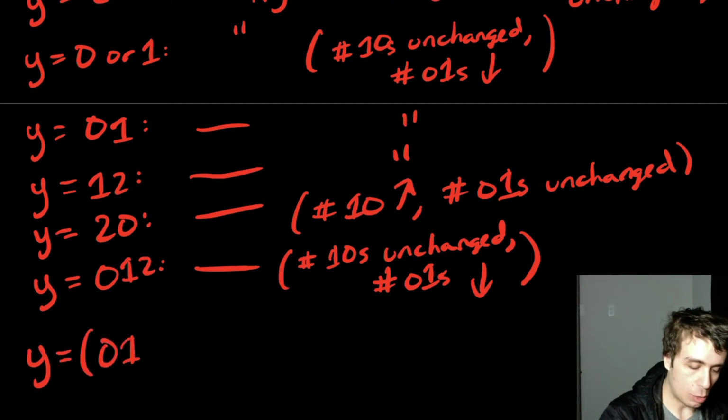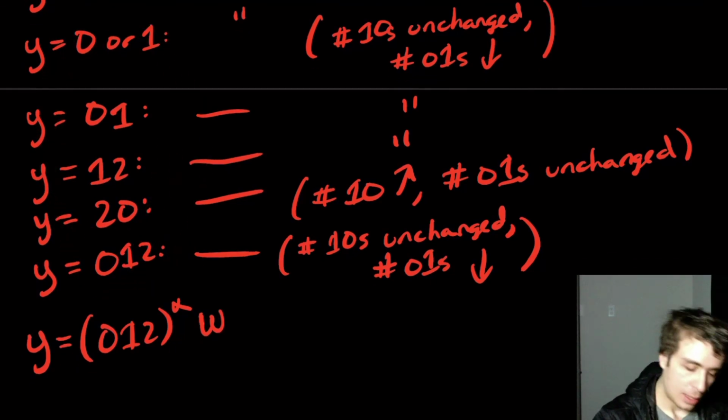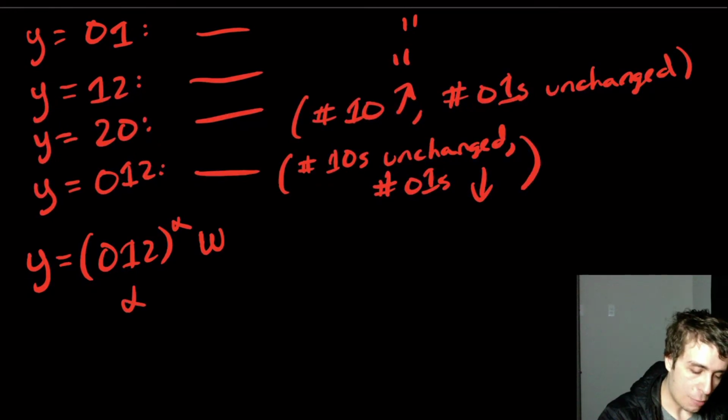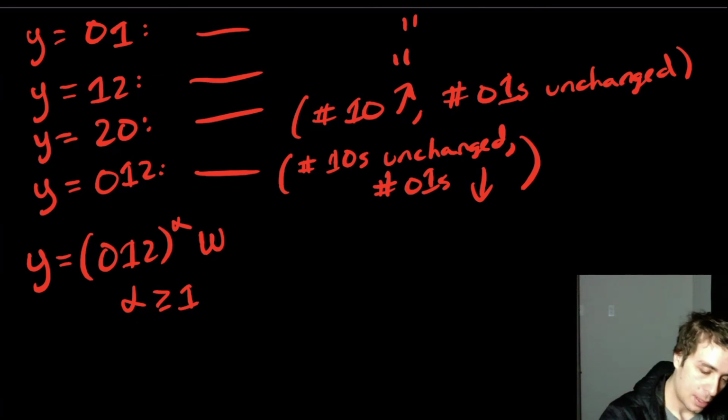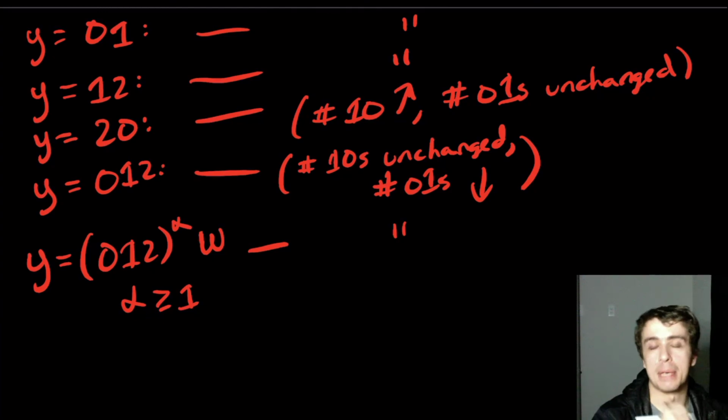So if it's 0 1 2 to the power alpha, and then let's say a string, let's call it w, where w is in one of these right here, and we must say that alpha is at least 1 for this to actually be different than the other cases, then we can just pump down again. We get exactly the same conclusion as before.